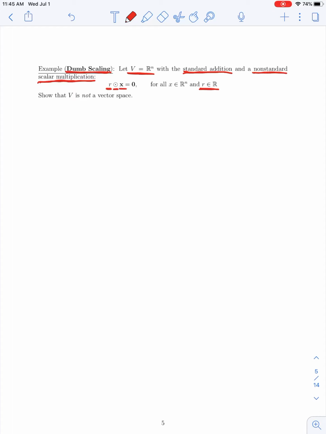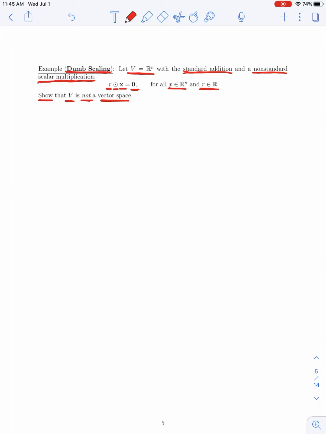So r circle dot x is defined to be the zero vector for any vector x and any scalar r. So taking the product of any scalar and any vector in my space, I'm going to define that as the zero vector for my space. And our problem here is to show that this space V is not a vector space.